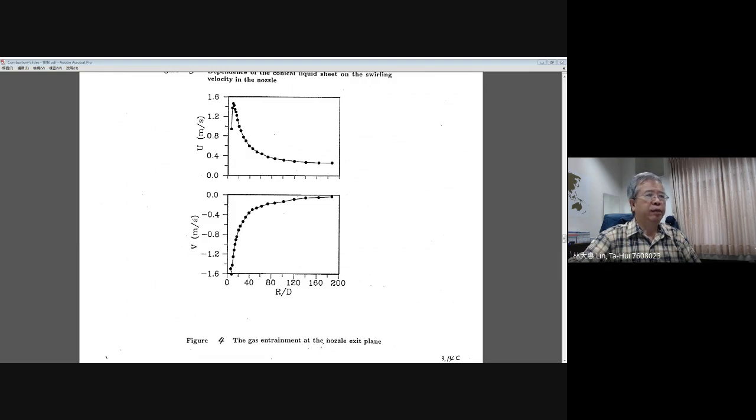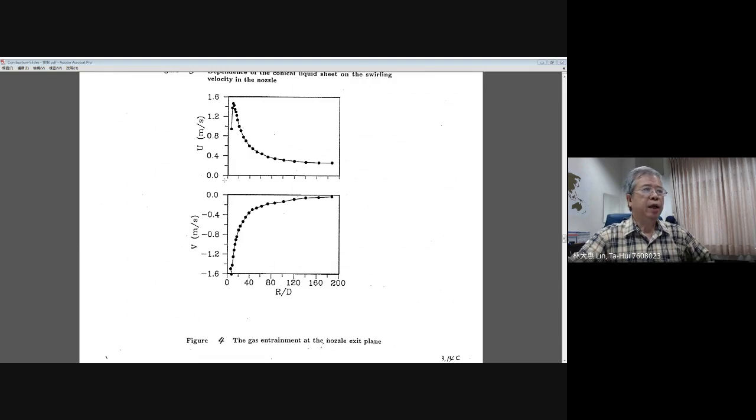The lower one represents the radial velocity distribution. The upper one represents the axial velocity distribution along the radial coordinates, starting from the center point. 0 means the center of your jet. Okay, and when you increase the radial distance, then they will move to the surrounding region.